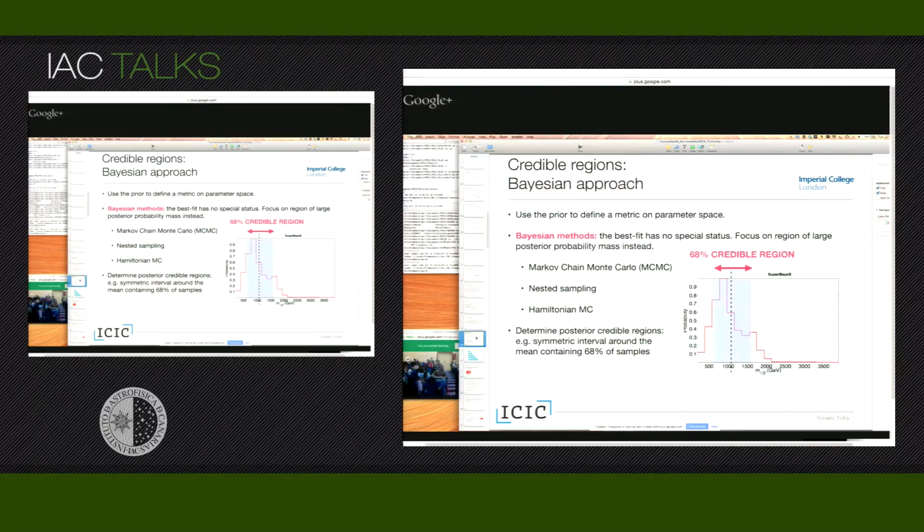Once you've done that, in the Bayesian case, what you typically do is report credible regions. In this example, here's a one-dimensional marginal posterior, and the 68% shortest interval credible region is the one that encompasses 68% of your samples, coming down from the top.